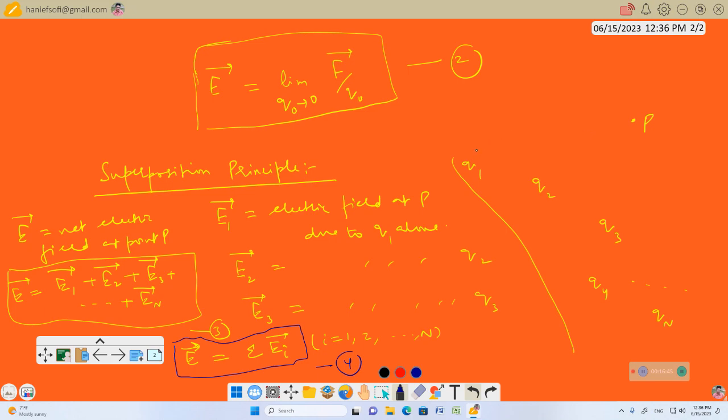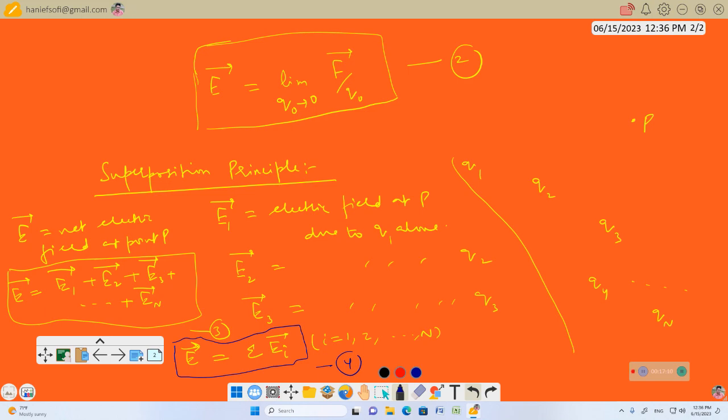Because when you find the net field, you find these individual fields E1, E2, E3. In calculating these individual fields, you assume other charges are not there because their presence or absence is not affecting the electric field, right? So this is how we use superposition principle to find electric field due to many charges.